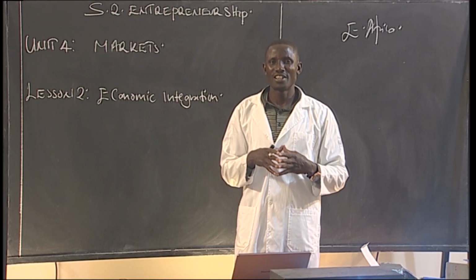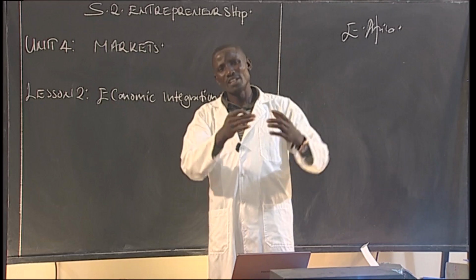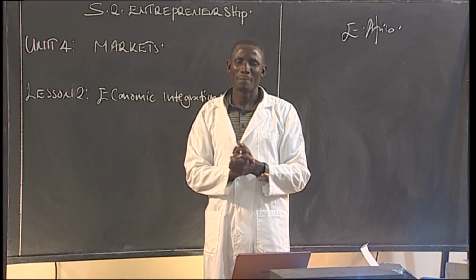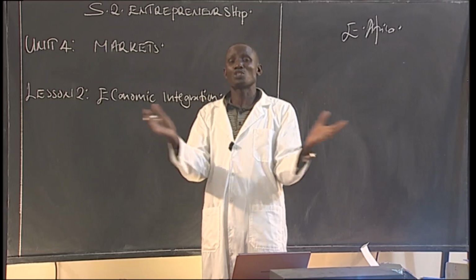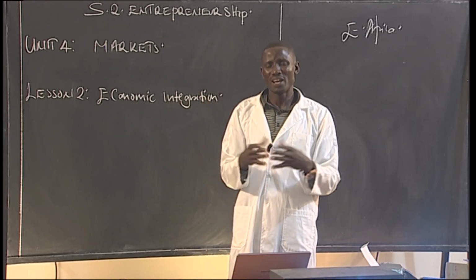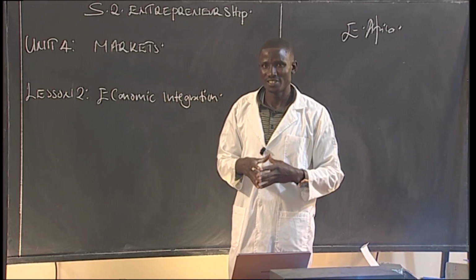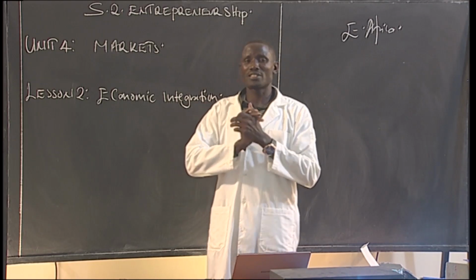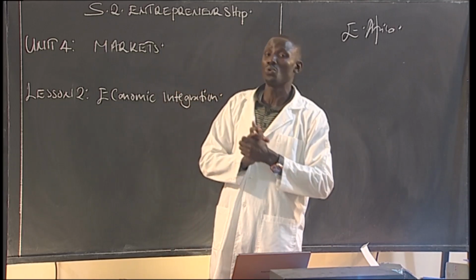Isn't it? Your friend must be close to you. When you get a problem, he comes and helps. Also, he gets help from you because you are close to one another. Likewise, this integration. Isn't it? So, those are the conditions necessary when countries are to integrate.